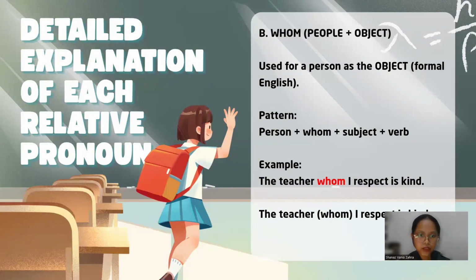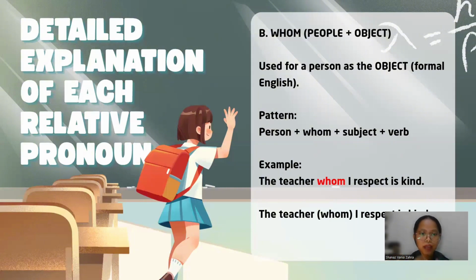If there is already a subject such as I, you, or they, then the connector must be an object. Look at the example: the teacher whom I respect is kind. The teacher is the person being described, and I is the subject of the verb respect.